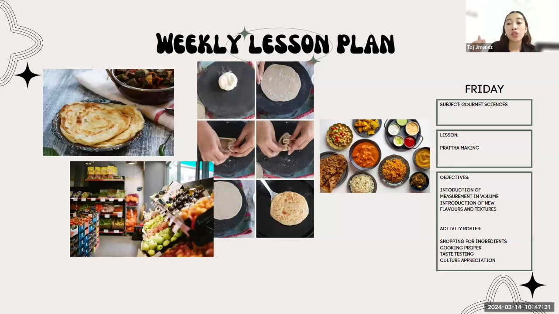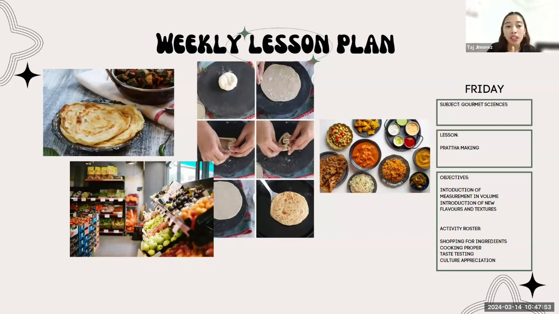So we introduce new flavors, new textures. We let them apply their knowledge of measurement, but instead of height, we do volume and cooking. We try to show them before and after consequences.